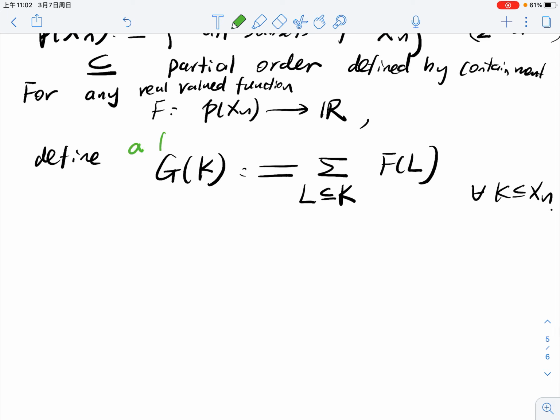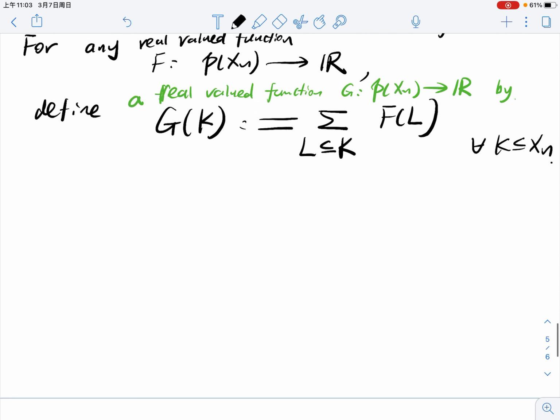Define a real valued function G from P(Xn) to R, to real number, by this.